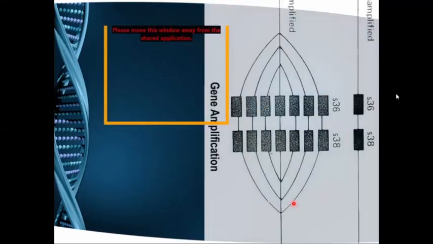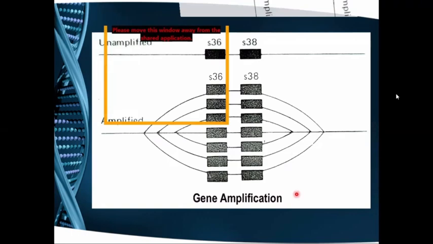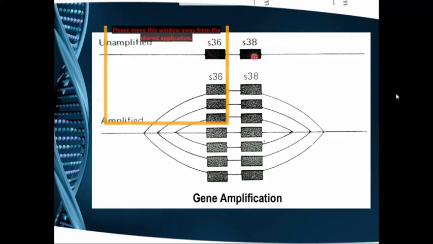Okay? So what happens? In the unamplified gene, you have only one gene. Okay? In the amplified gene, you have several copies of the gene.